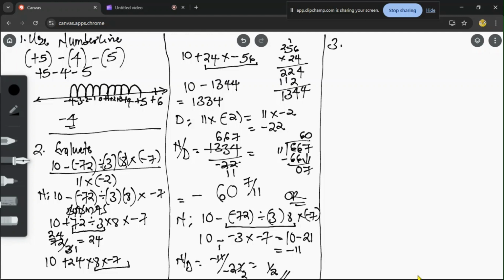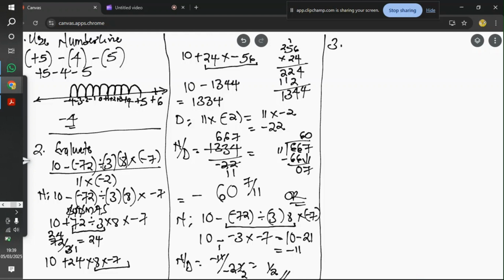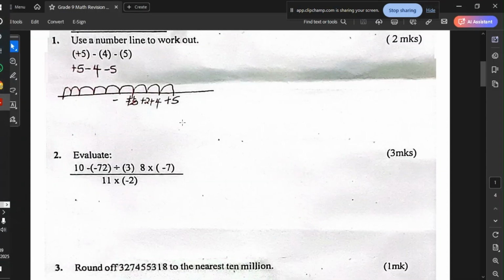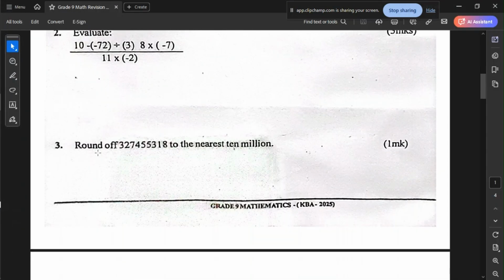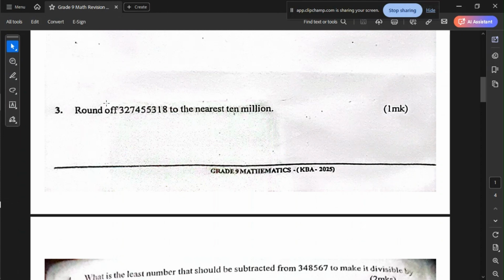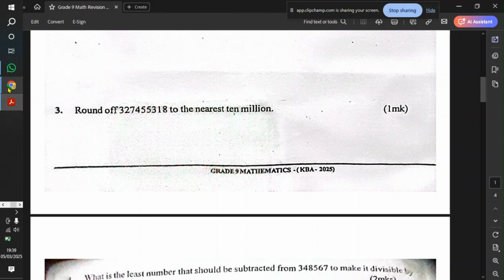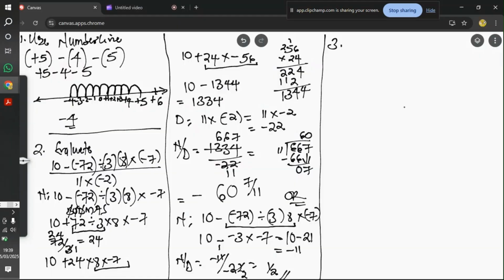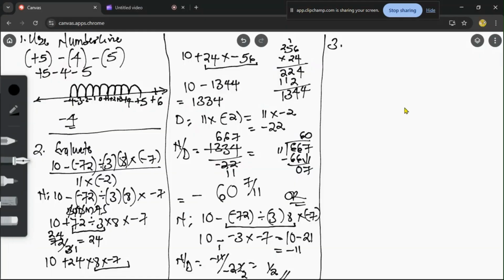Number 3, question number 3 reads, you round off this number to the nearest 10 million. So I want to round off. I'll come here and do the rounding off.